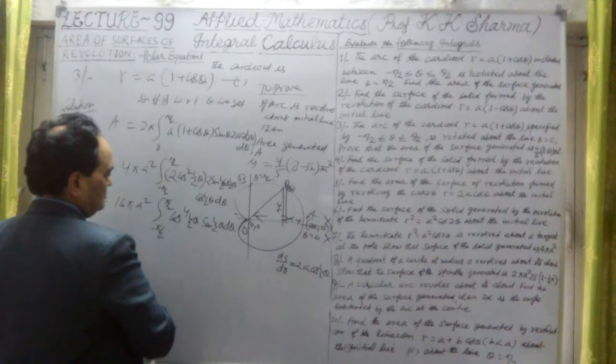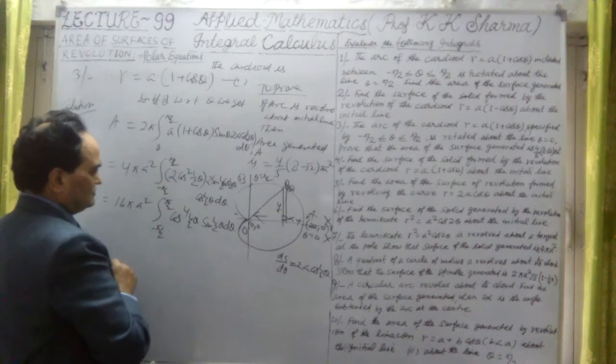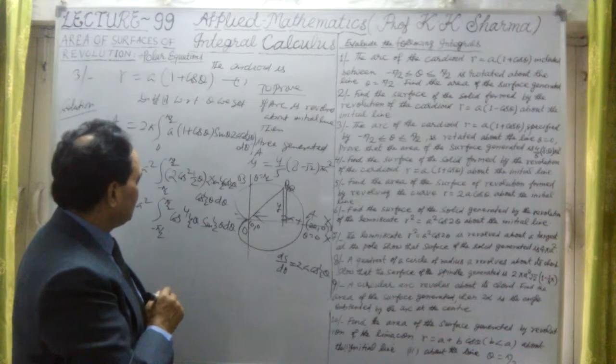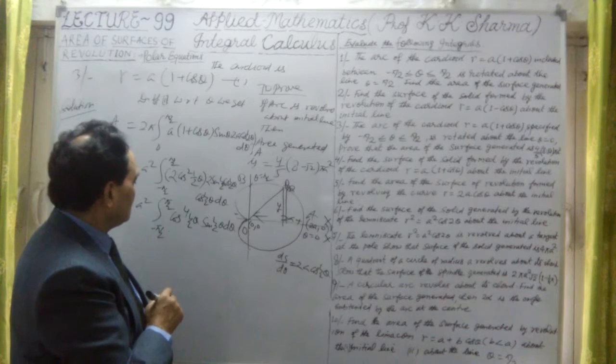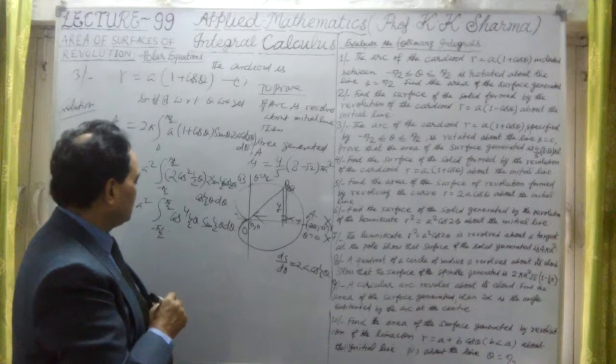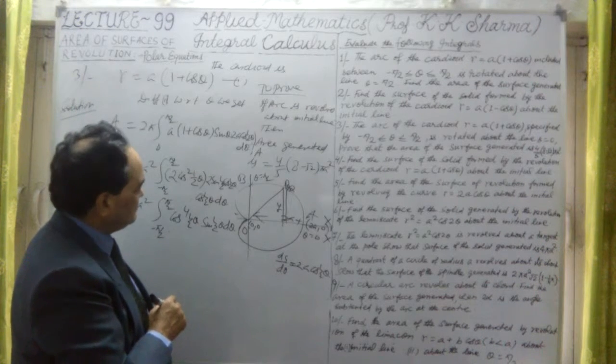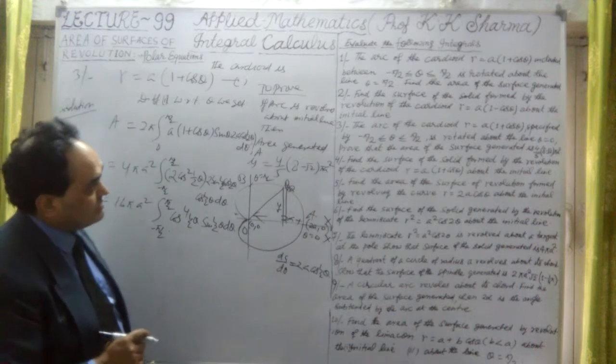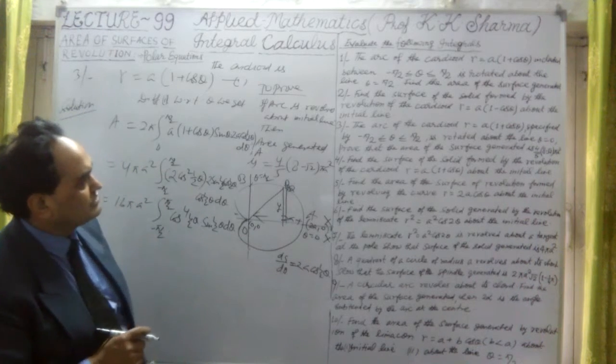Okay. Now integration of this can be done as, okay, and if I write it as cos theta and t, if I substitute, then what it will be? So here the limit is rotated about the line theta equal to 0.